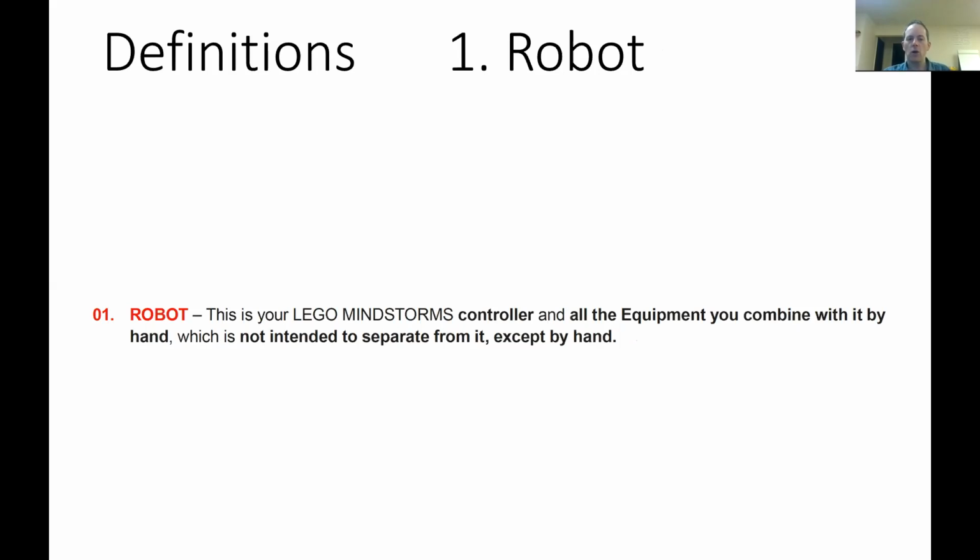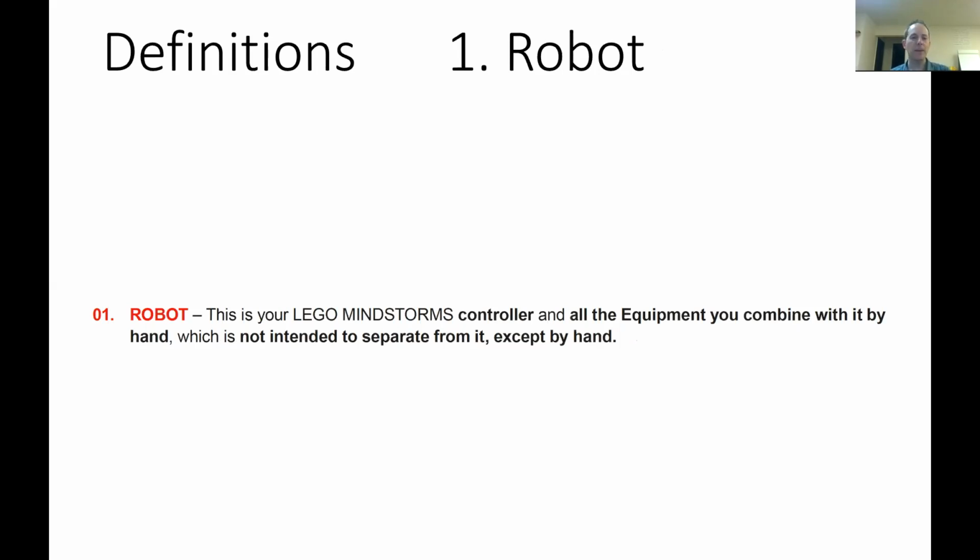Definitions. So the robot: this is your Lego Mindstorms controller, the brick, and all the other Lego pieces that you combined with it by hand, which are not intended to separate from it except by hand.